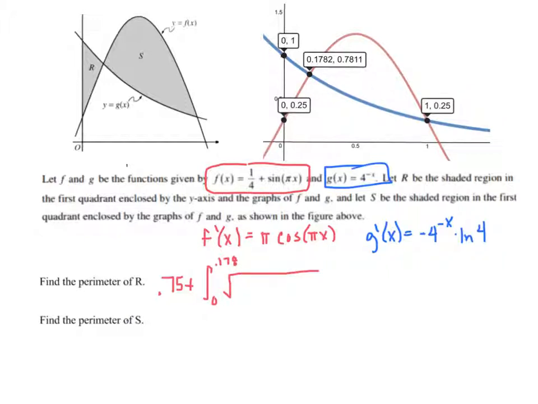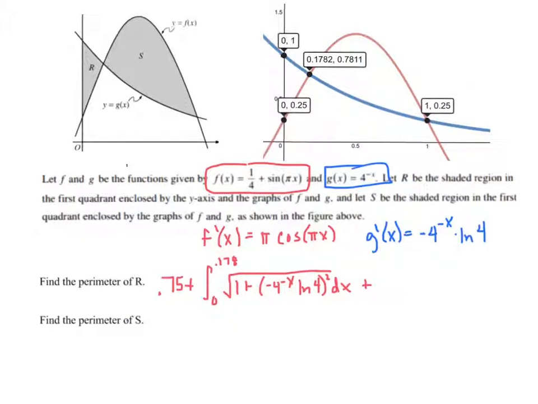Now that function, that blue function, is g, so it's going to be 1 plus the derivative of g squared dx. Extend that a little bit. Okay, so this integral right here gives me this blue side right there. Okay, let me add on the next side.